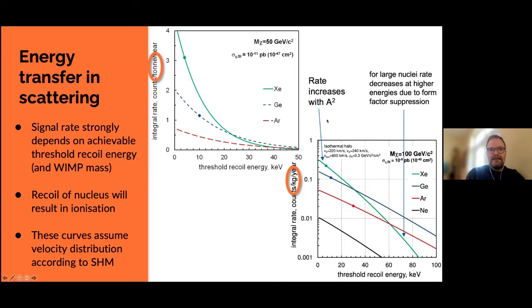Now, these rates increase with A squared, so that's why it is good to have heavy target nuclei like xenon here. But unfortunately, not everything is rosy, because at high energies this is then suppressed because of form factor suppression.